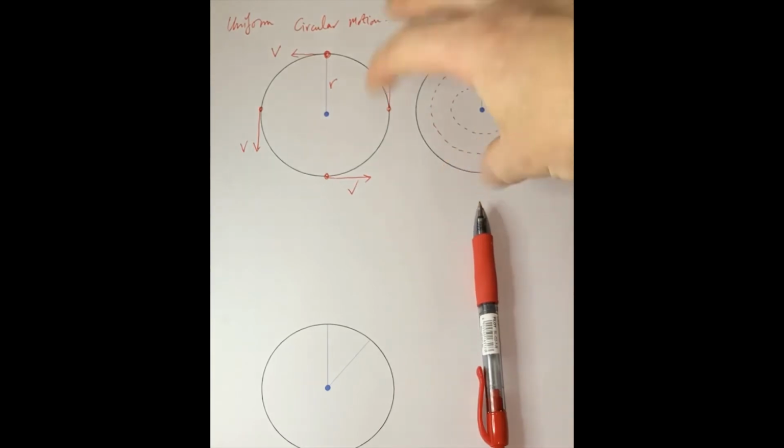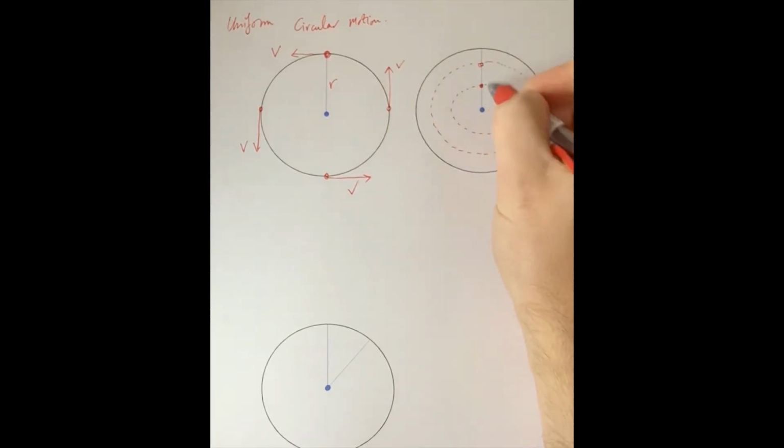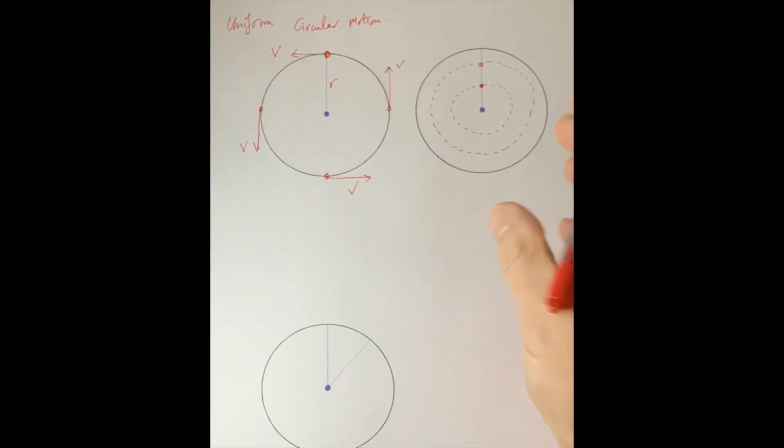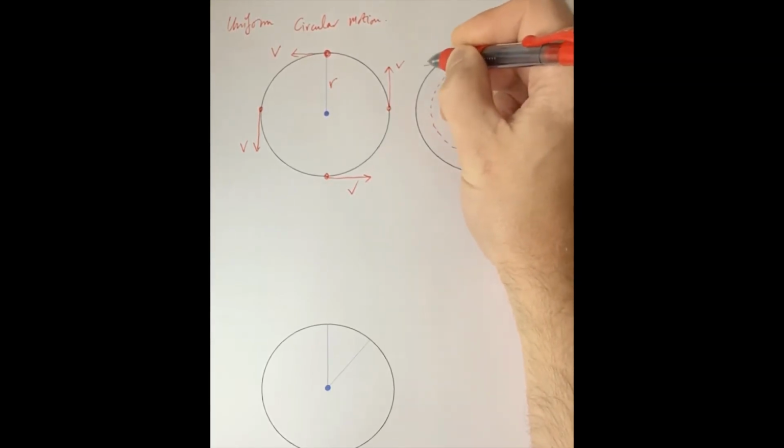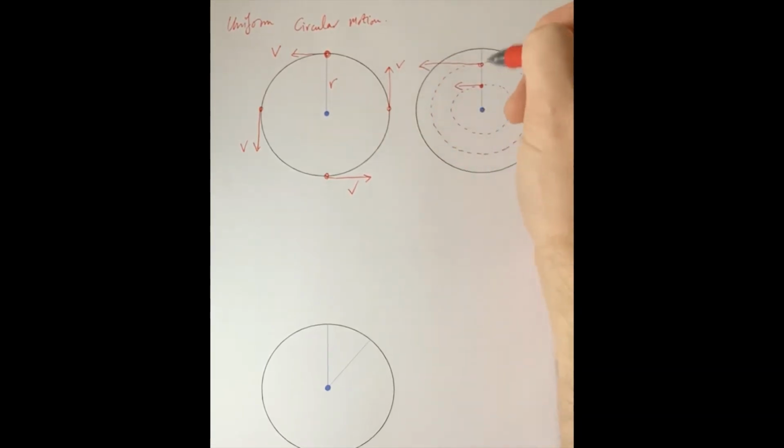However, if this disc is spinning, then both objects should move through one complete revolution in the same time. But because this one's not covering as much distance, that must actually be traveling slower around the circle than the object further from the center.